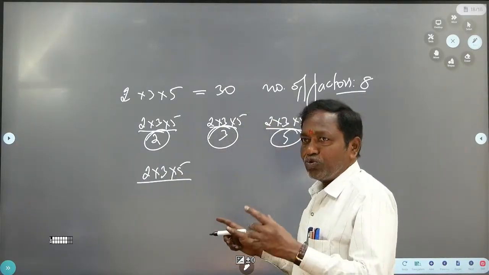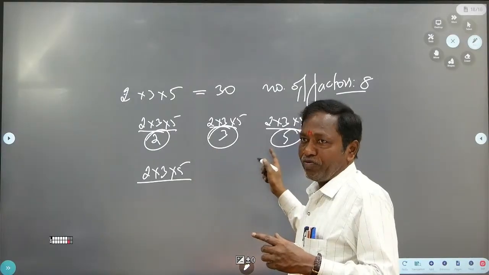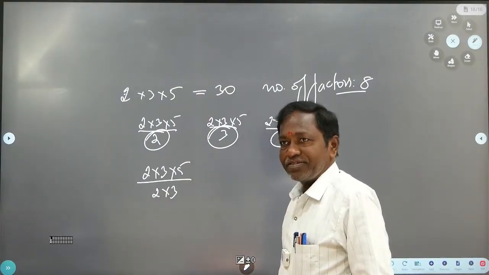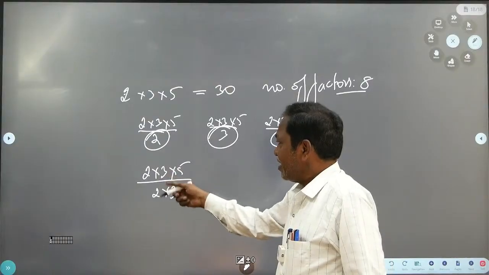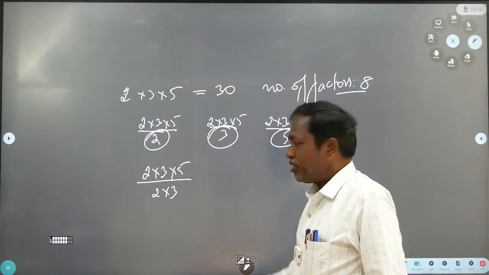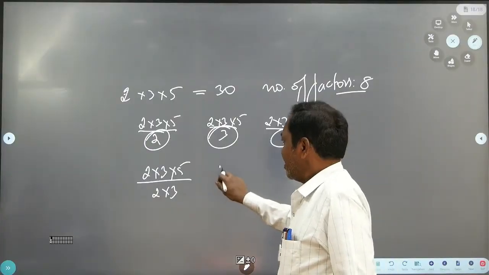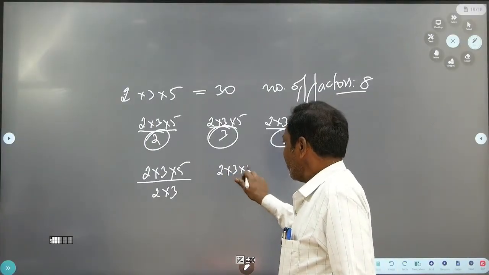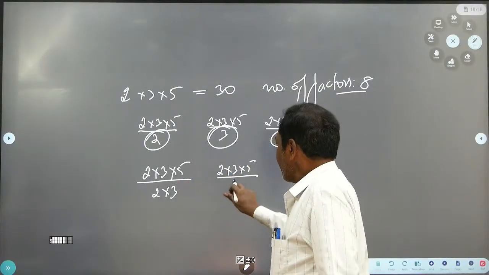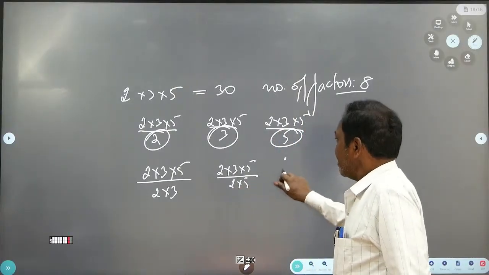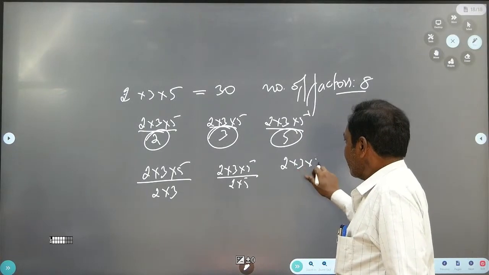Now we can see 2 into 3 into 5. Now let us take 2 numbers. We have taken only one number. Now let us take 2 into 3, yes. 2 into 3 is 6 and this is also a multiple of 6, so divisible by 6. And 2 into 3 into 5 by 2 into 5, let us take. And again you can take all 3 numbers, 2 into 3 into 5.